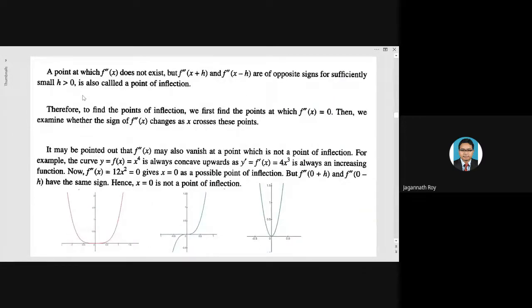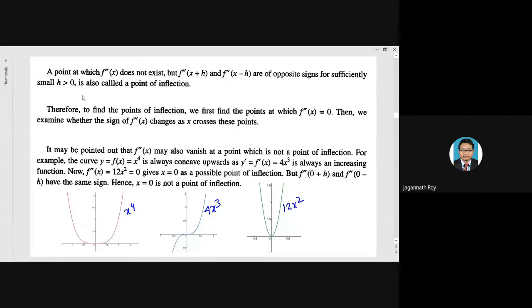Now if you think about the function x to the power 4, then the first derivative is 4x cube, and the second derivative is 12x square.